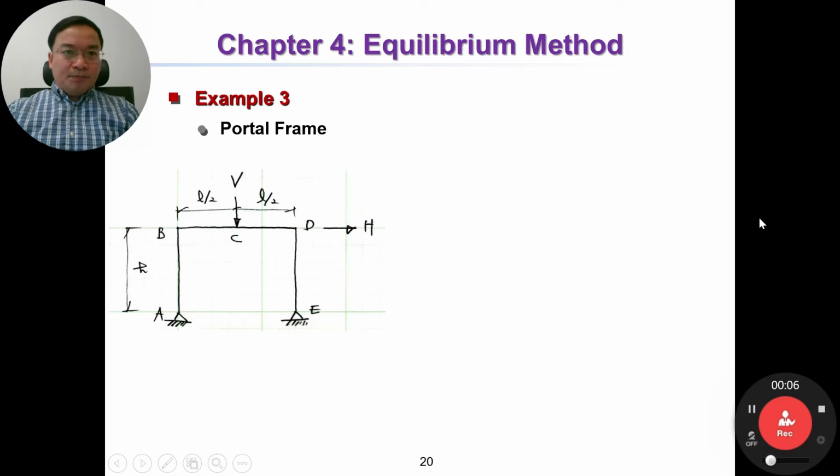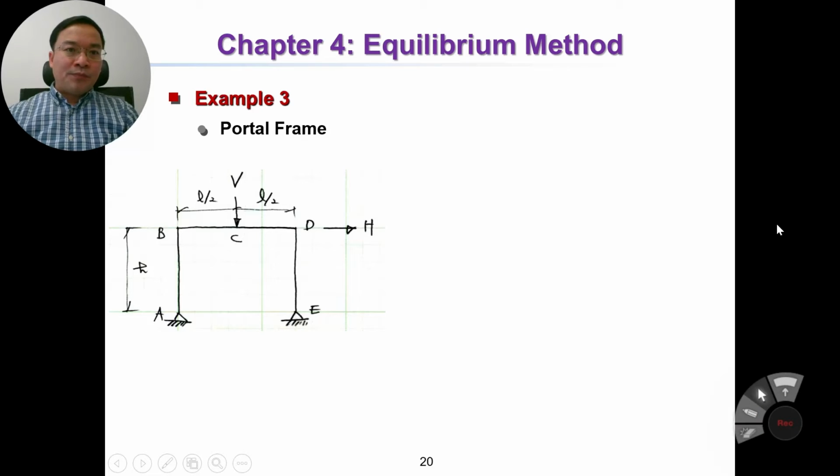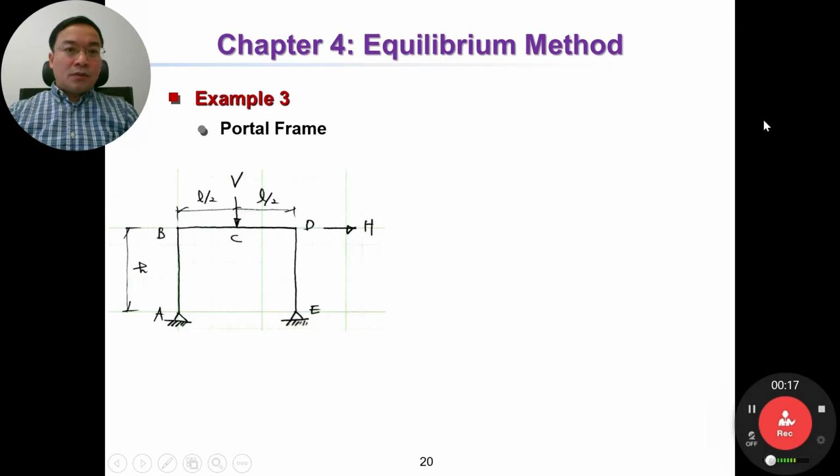Next, I'm going to introduce one more example on the analysis of a portal frame. A portal frame is shown in this picture.